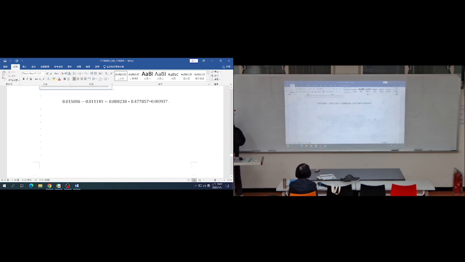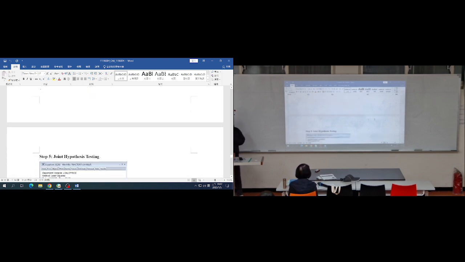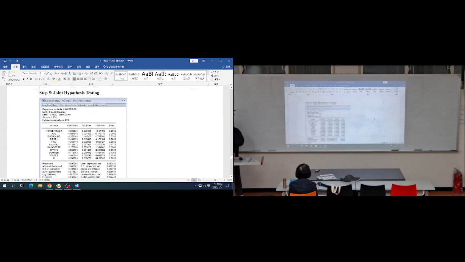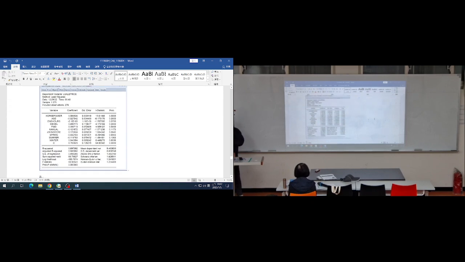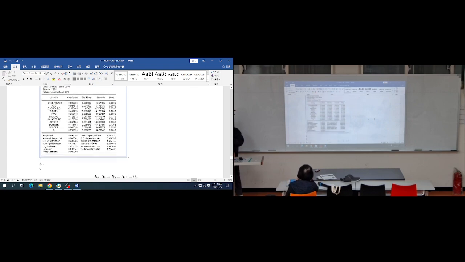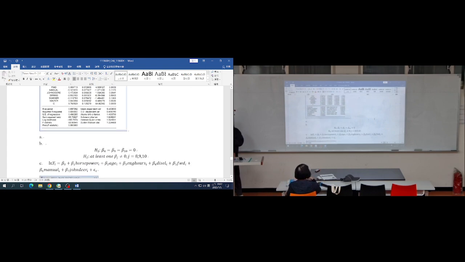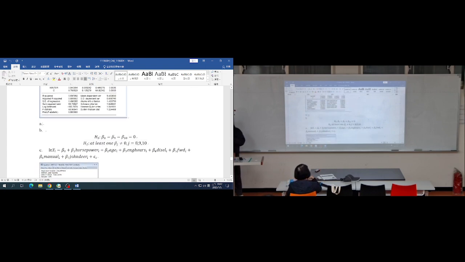So step 5, joint hypothesis testing. It is a partial F test. I forgot to write the A. One of the seasons disappears, the autumn.